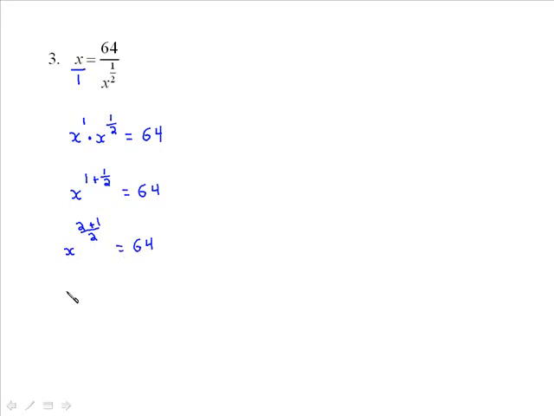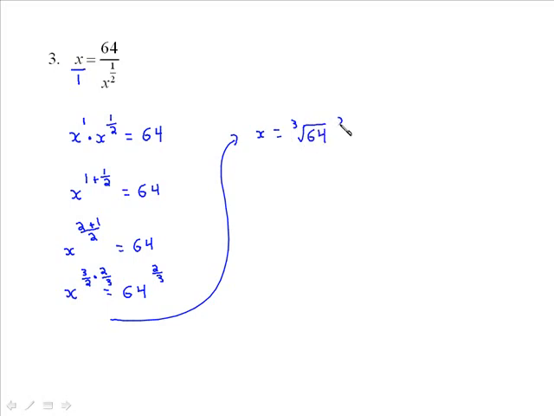You could just use your calculator as well, and I think many people at this stage are. But this becomes x to the 3 over 2 is equal to 64. To get rid of that exponent, we can at last raise it to the 2/3. And this will give us x is equal to the cube root of 64 raised to the exponent of 2.